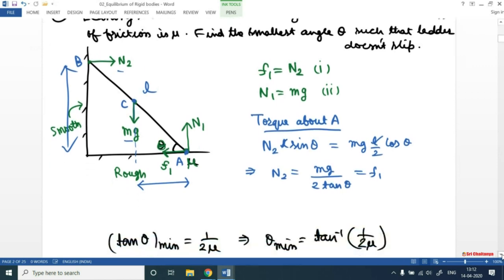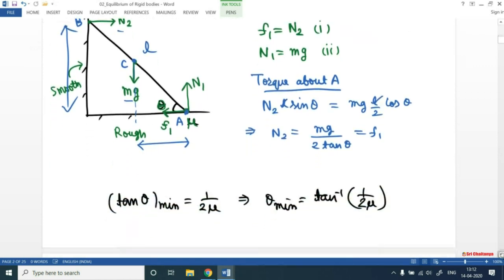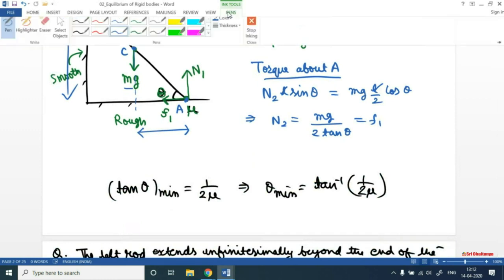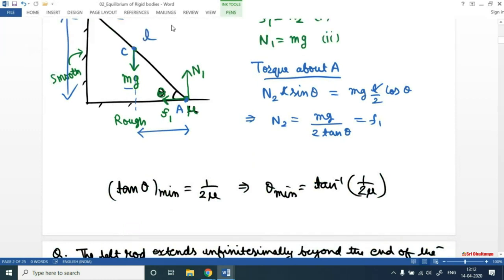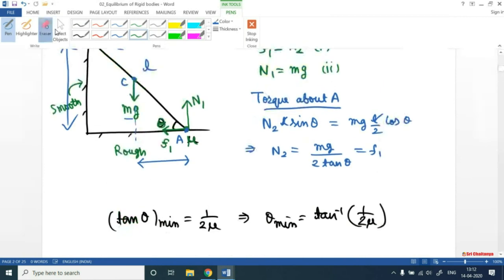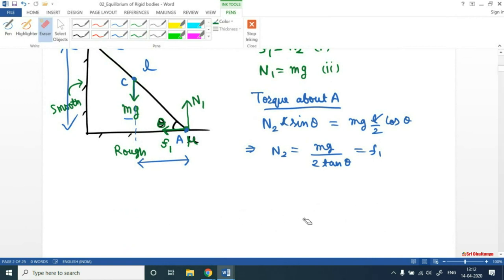So for the critical condition, we need F1 to be less than or equal to mu N1.